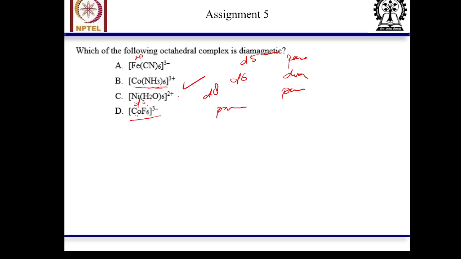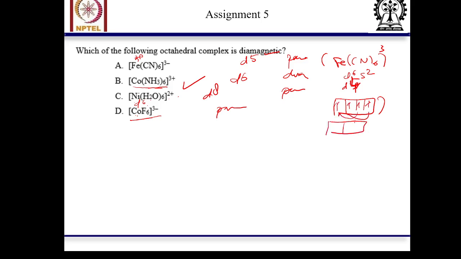If you want in detail, let's go into the detail a little bit. So this is iron, Fe(CN)6 3 minus. Iron is d6 s2, 3 plus means d5. First it will be like this 1 2 3 4, but due to strong field ligand pairing will happen and it will reach here.